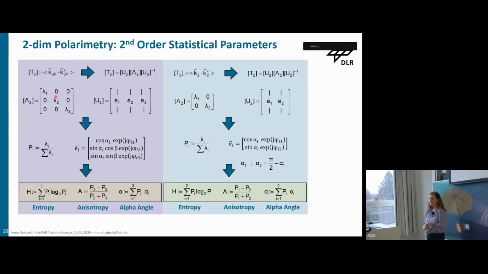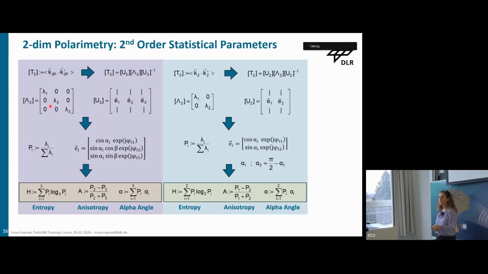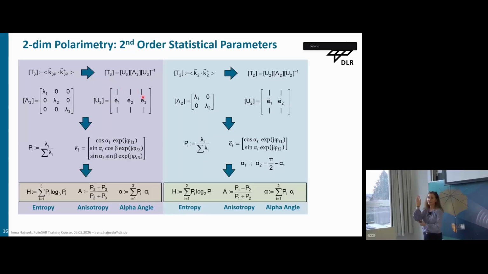Remember, the eigenvalues provide you information a little bit about the intensity, right? You could imagine you have a vector, and the eigenvalue could be the length of the vector. And the eigenvectors are actually the position of the vector. It's your polarization diversity. So this is how you could, in principle, imagine what you get.